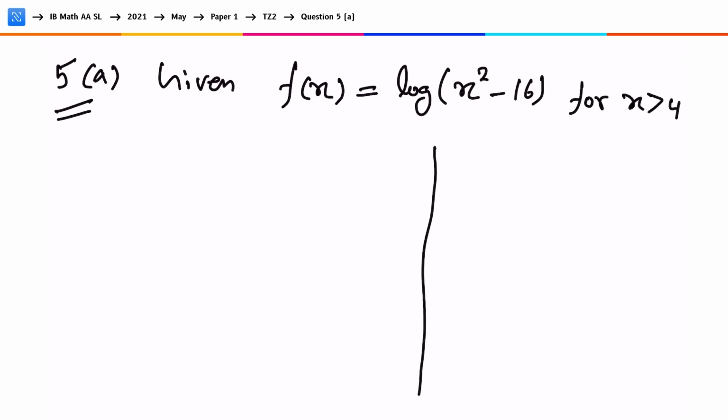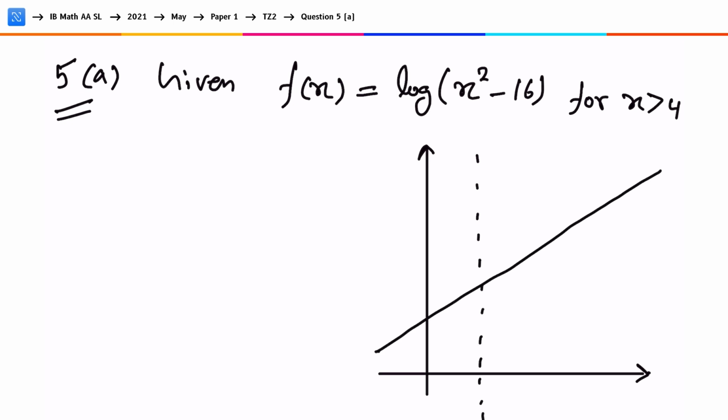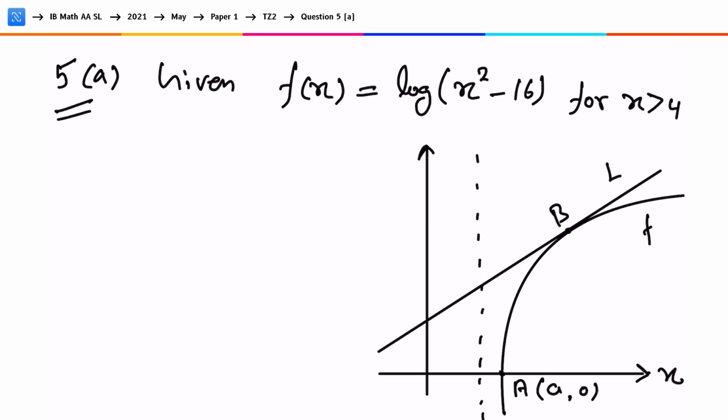A diagram is provided with points labeled B, L, F, point A at (a, 0). This is the x-axis, and this is the y-axis.